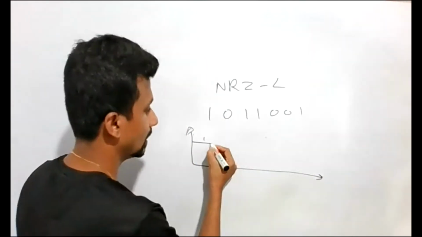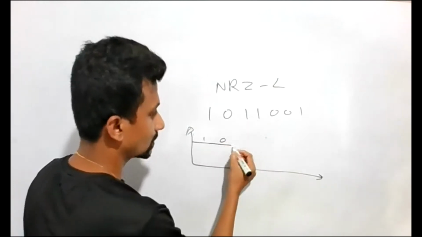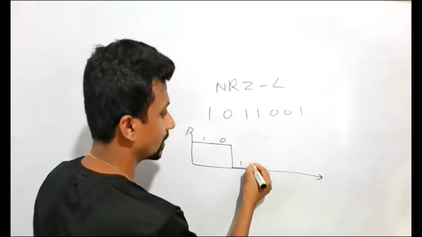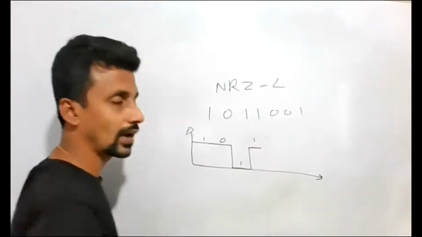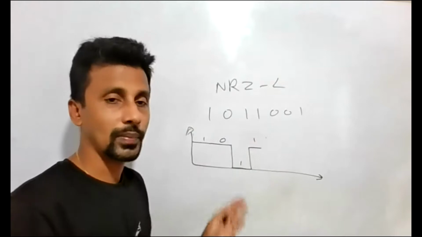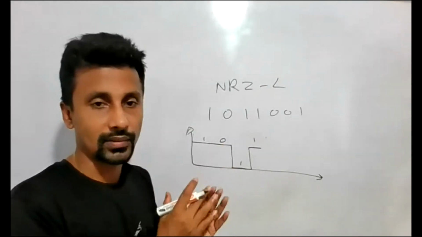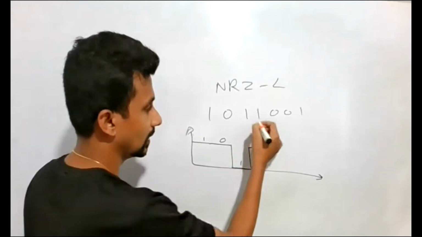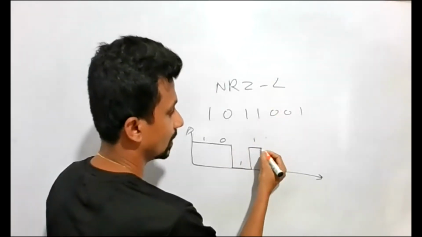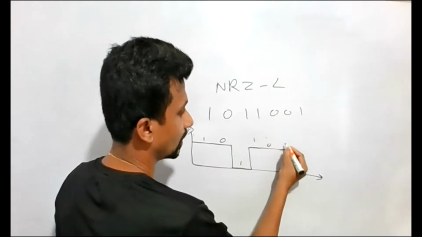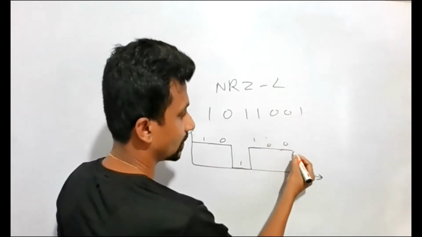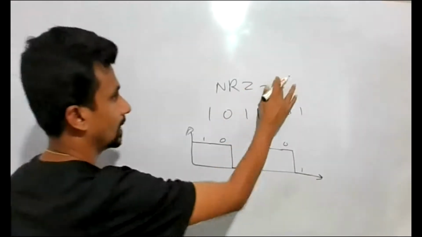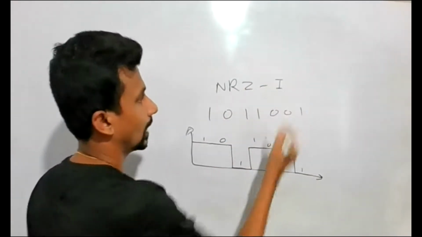Because of 1 it is going down. Because of this 1, what happens? It changes from where it is. It can go up or down. It must definitely change from where it is if you get 1. Then here, because of 0, nothing will happen. Because of the last one, I am down. So this is called NRZ-I.